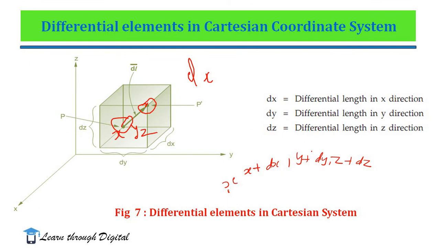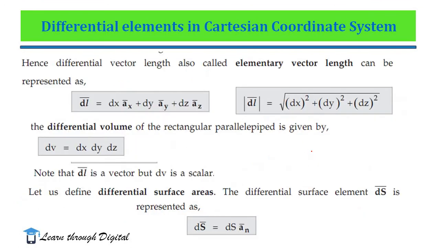The diagonal of this parallelepiped is the differential vector length. Hence, the differential volume of the rectangular parallelepiped is given by dV is equal to the product of the differential lengths in three different directions, that is dx, dy, dz.